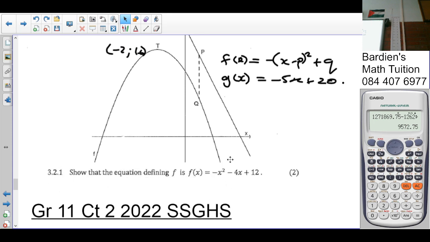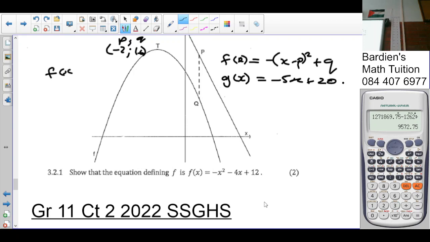So let's look at the first question. The first question says, show that the equation of f is negative x squared minus 4x plus 12. But if we're looking at f of x, as you can see here, the turning point is given here. The turning point form is given. Can you see that? So we know that this is going to be your p, and that's your q value.